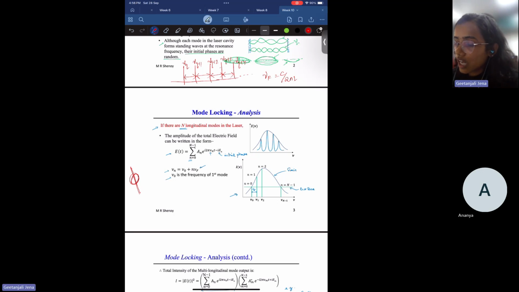So for calculation purposes, let us take that there are n longitudinal modes oscillating back and forth inside the cavity.